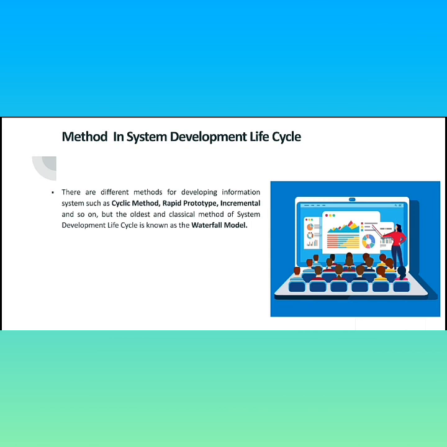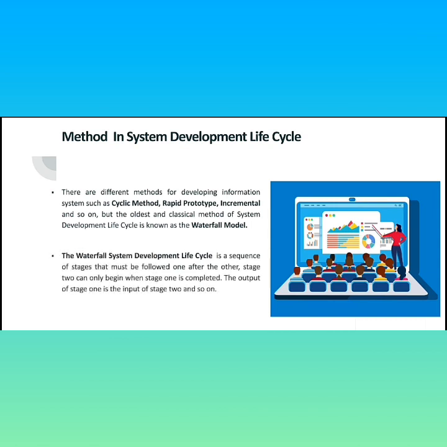However, the oldest and classical method of system development life cycle is known as the waterfall model. The waterfall model is a sequence of stages that must be followed one after the other. That is, stage 2 can only begin when stage 1 is completed, and the output of stage 1 is the input of stage 2, and so on.